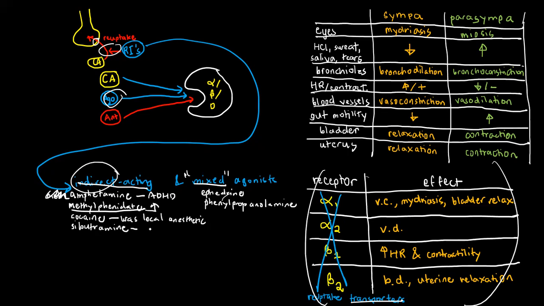Sibutramine is one of the appetite suppressants having adrenergic effect. And if your appetite is suppressed, then you won't eat. So this will cause weight loss. So this is for people who want to lose weight. For mixed agonists, we have ephedrine and phenylpropanolamine. Abbreviation of phenylpropanolamine is PPA.